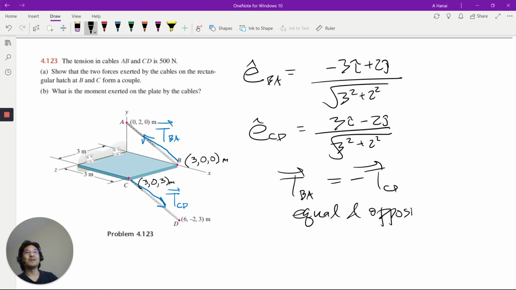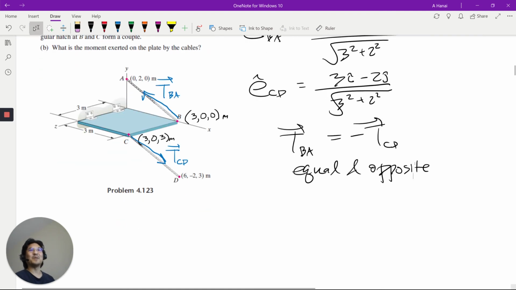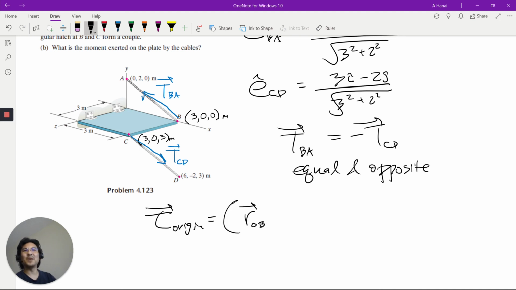So they form a couple. And then you just try it. Try and compute the torque due to the couple about the origin. Then that would mean from the origin to B cross this vector, plus from the origin to C cross the other one.